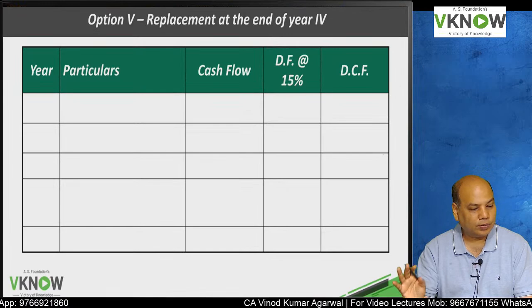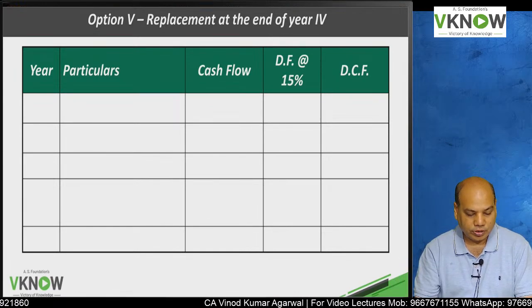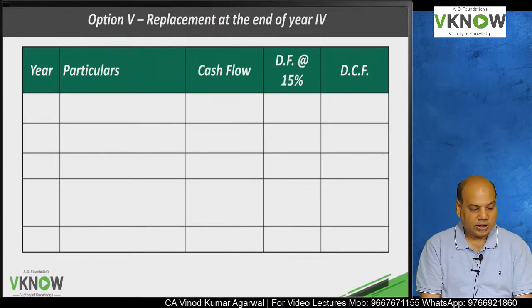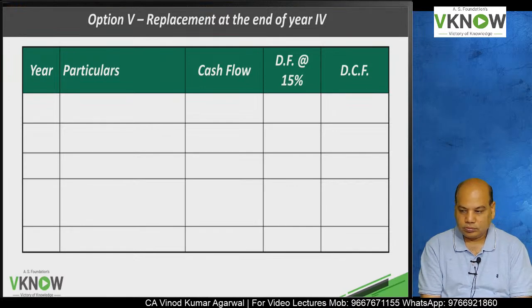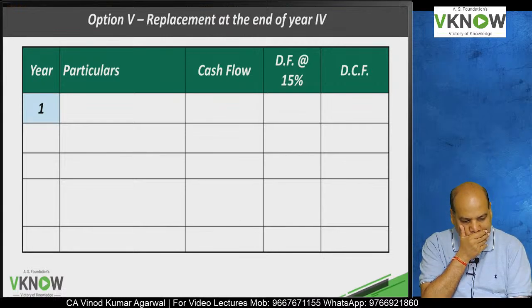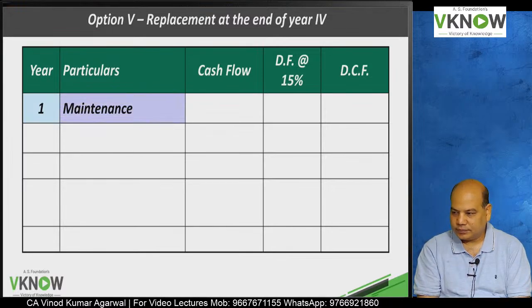Now finally option 5. Replace at the end of year 4. We have to draw the table. Year, particular, cash flow, discounting factor, DCF.